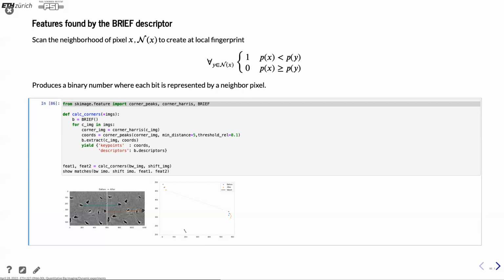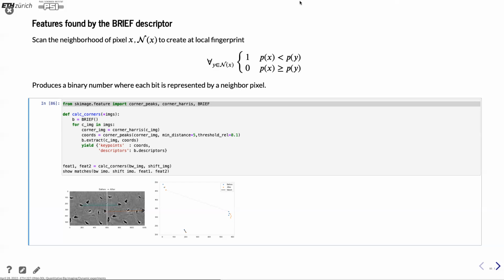That's something we want to improve in the next step. The reason for this may be noise. It can also be that the image is rotated, and that is something that the BRIEF descriptor cannot handle: rotations.